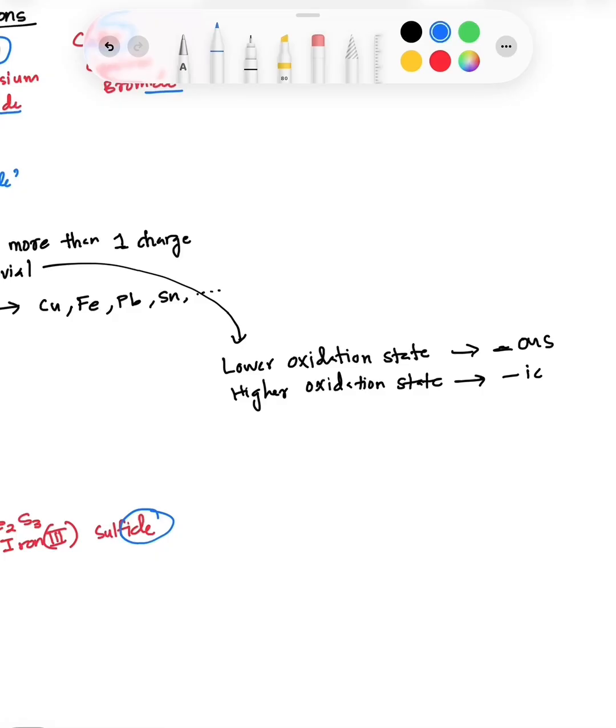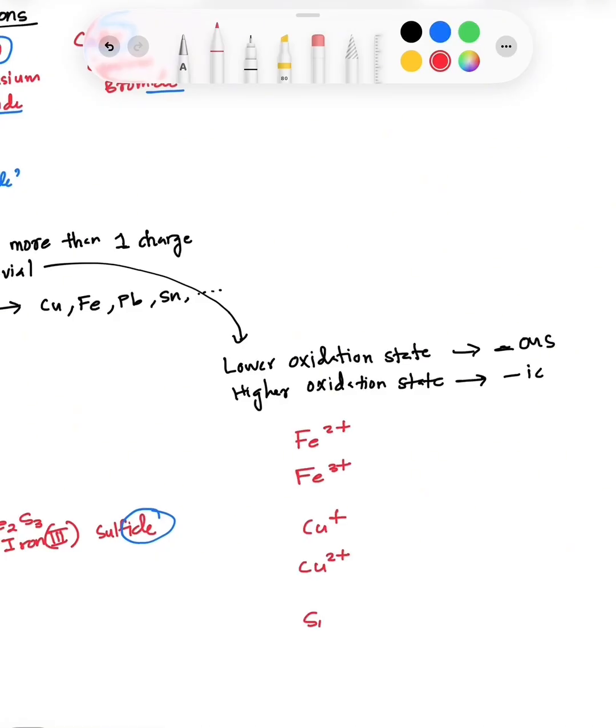Let me list out some examples. When it is a low oxidation state, it ends with OUS, and if it is a high oxidation state, it ends with IC. Now here, Fe2+ is ferrous, and Fe3+ is ferric.